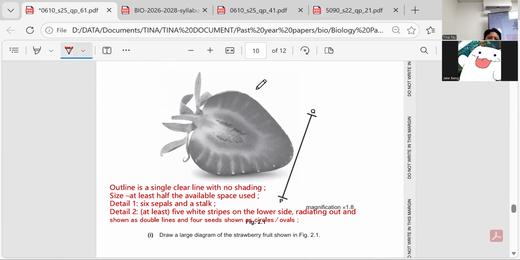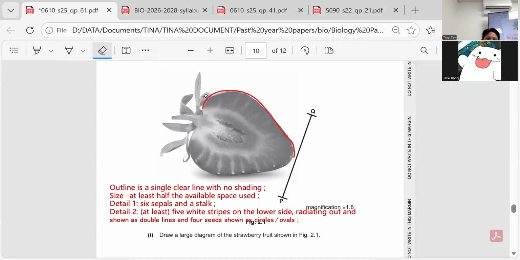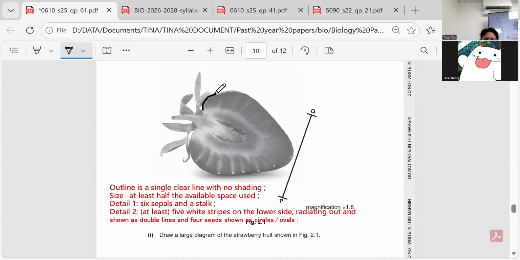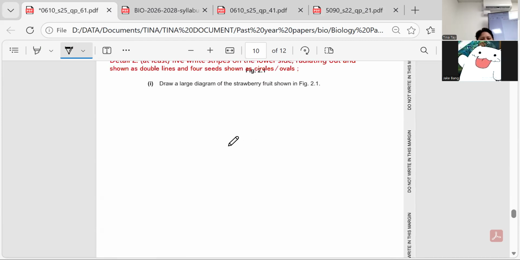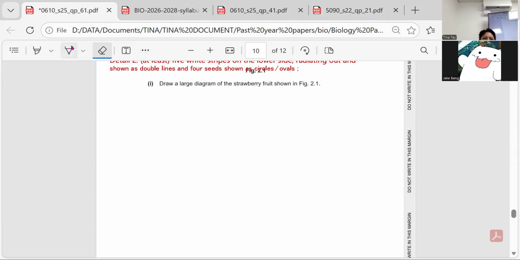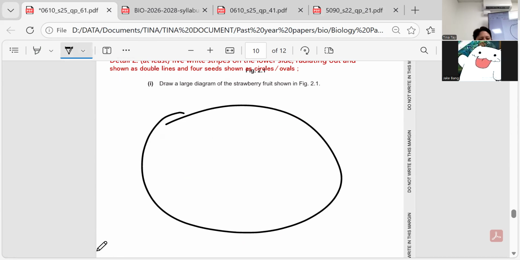No shading means when you draw, you cannot do like that. Cannot. Okay. All right. So now at least half the available space. So here you cannot draw a tiny one. Okay. At least half of the space available. Get it?